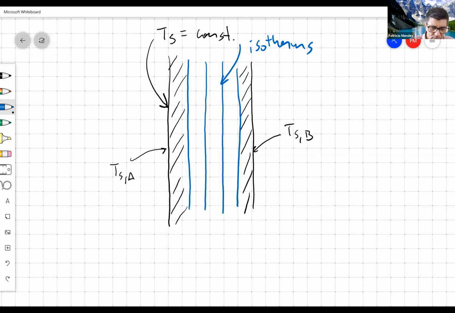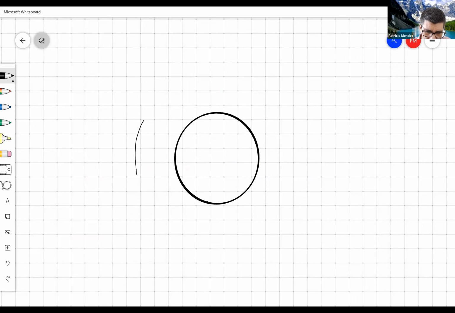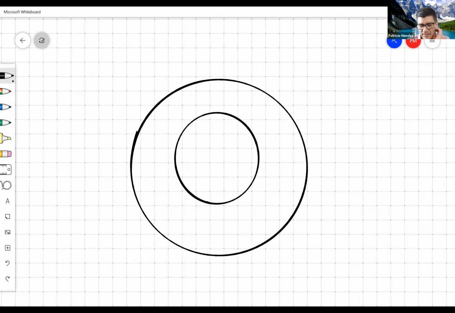Let's do another one. Imagine we have a cylinder with radial heat transfer. And we say this is TS inside, and we have here TS outside.